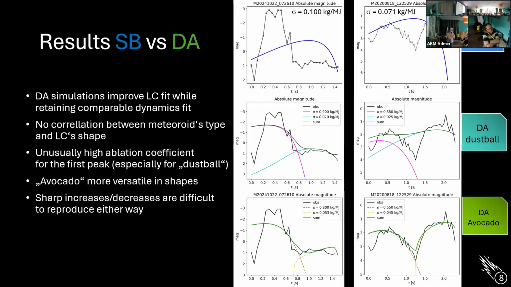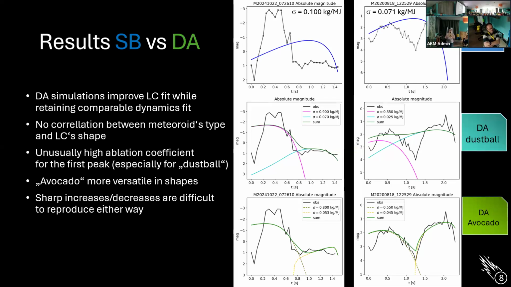So we also tested both the dust ball and the avocado model where we could. So for the smallest ones, here they are. We can see, well, okay, this is single body, so we can see that this one really, really doesn't work at all. And we have light curves simulated from the dust ball model and from the avocado model.